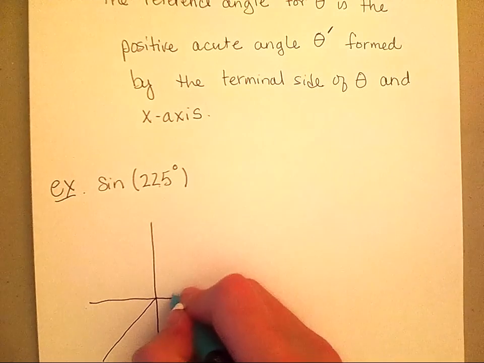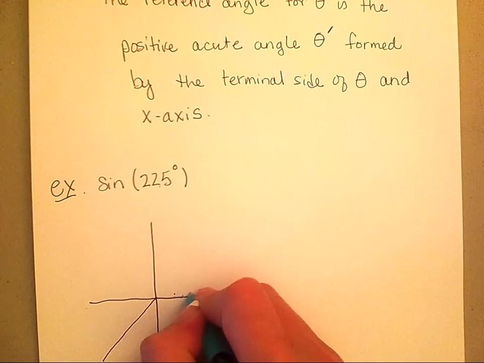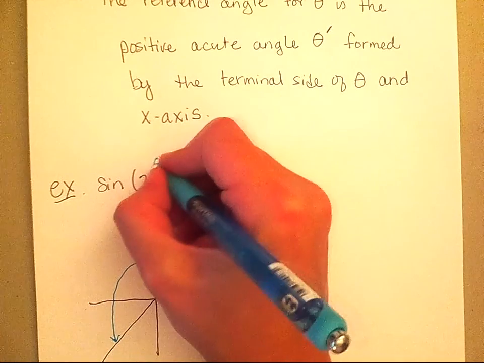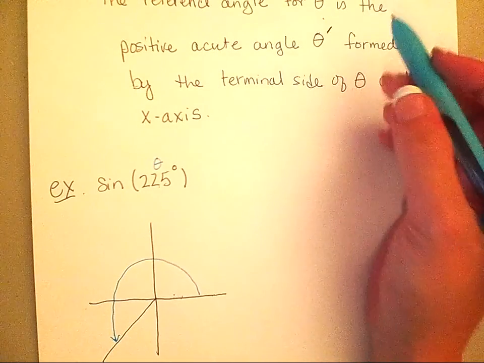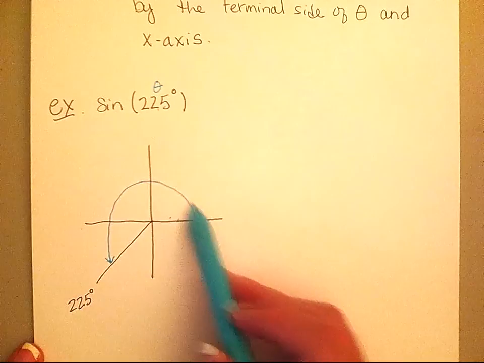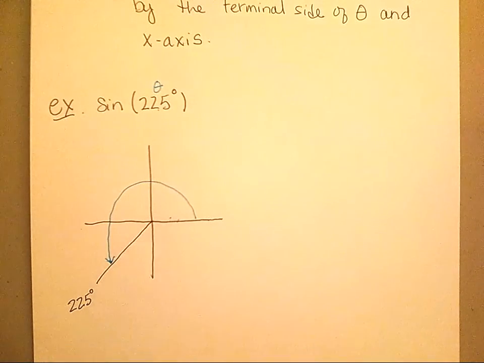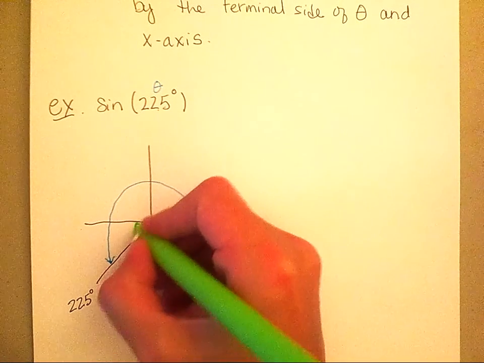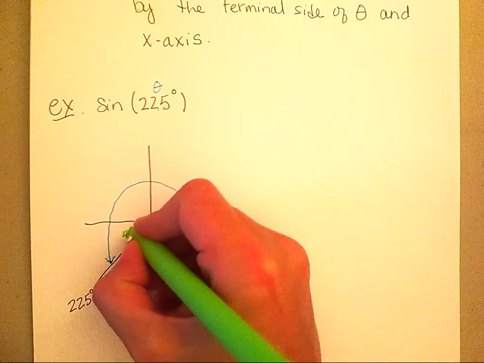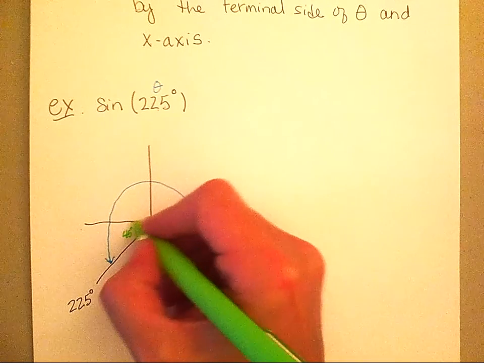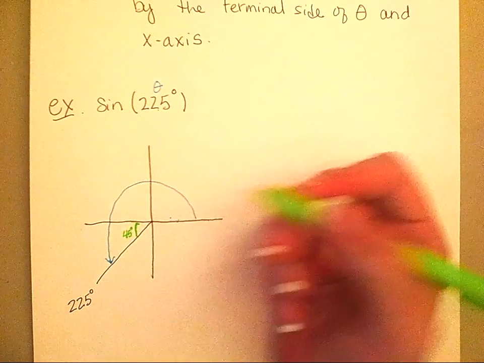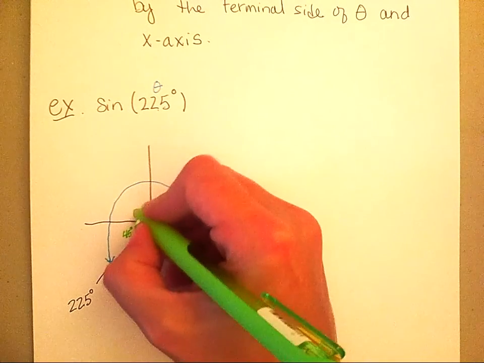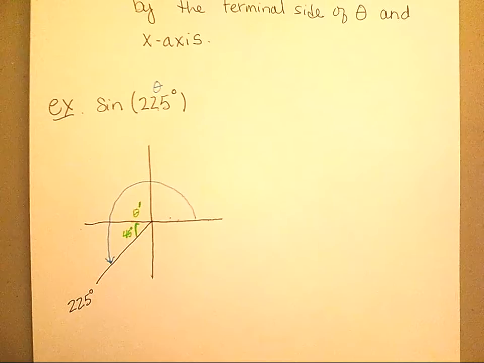This is our angle theta that we're talking about. This is theta in our definition. But notice what I said was plus another 45. So this angle in between the x-axis and the terminal side is the reference angle. So this is theta prime.